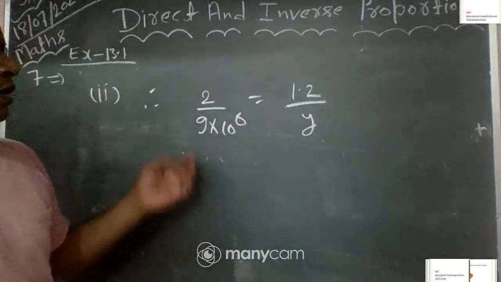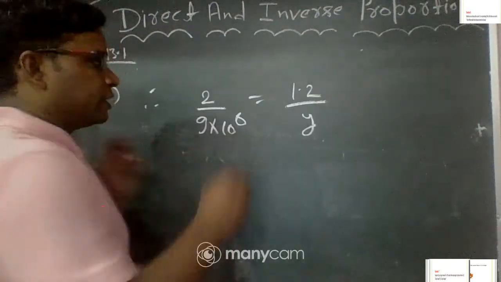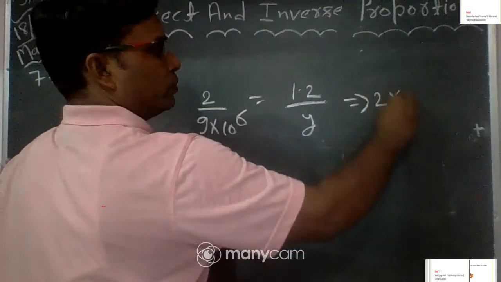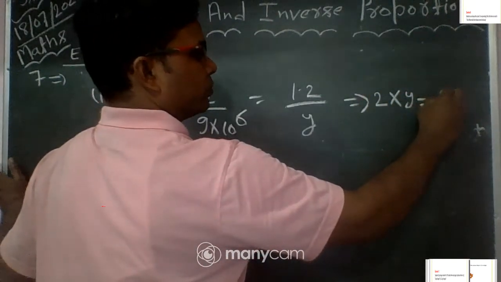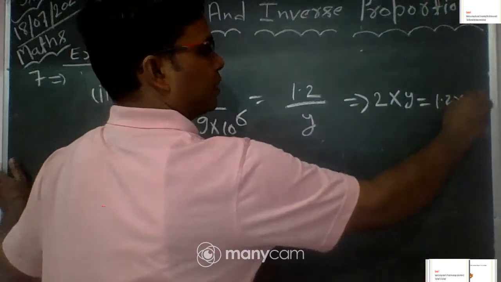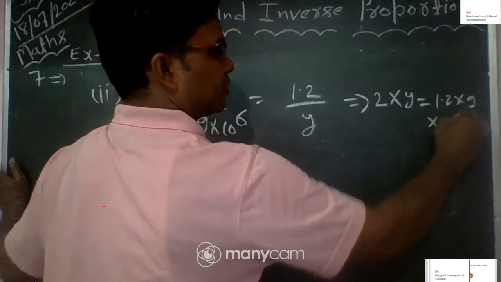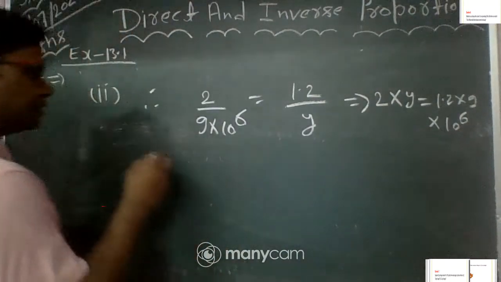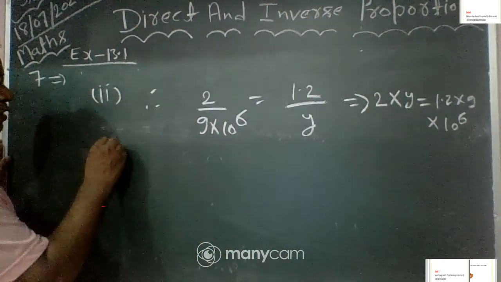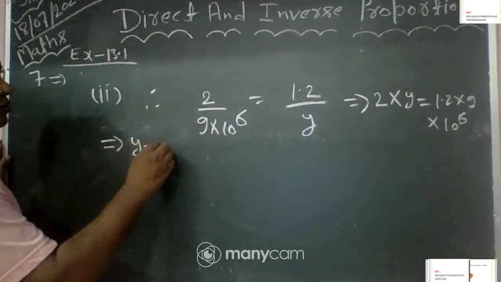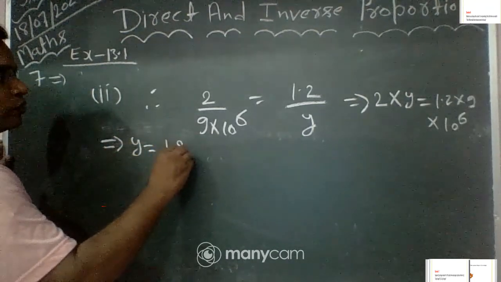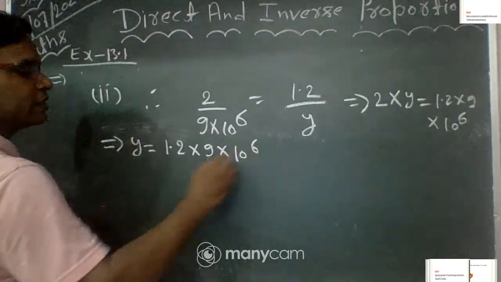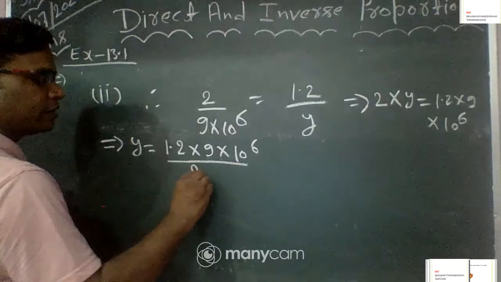Okay. So by cross multiplication, we obtain 2 into y is equal to 1.2 into 9 into 10 power 6. Hence you can write like this: y is equal to 1.2 into 9 into 10 to the power 6 divided by 2.